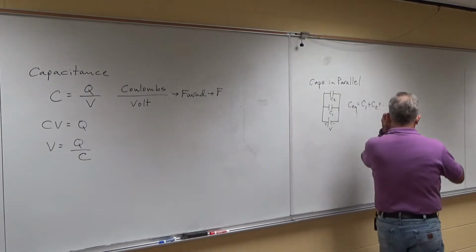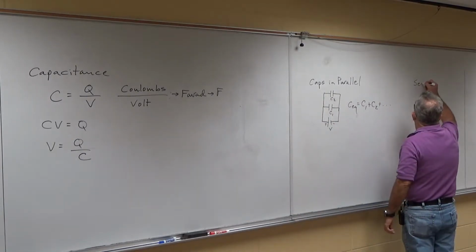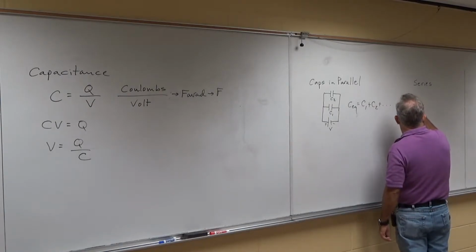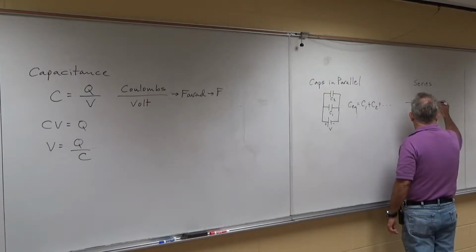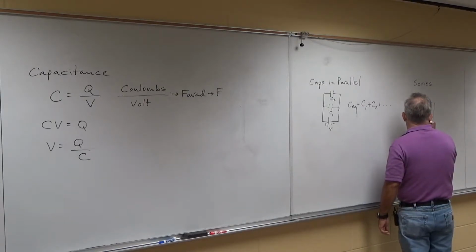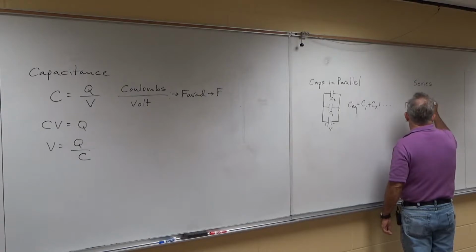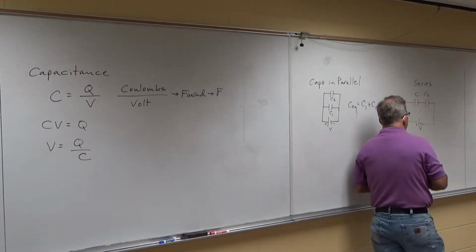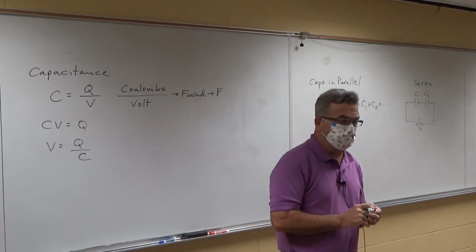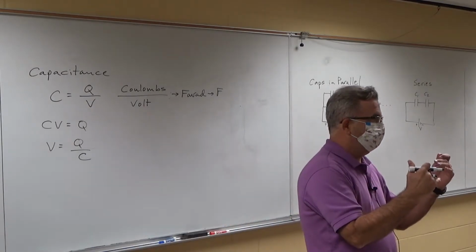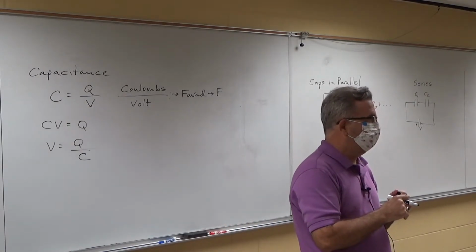Caps in series. The wiring is just like resistors in series. C1, C2, as many as you want to put in series. And the equivalent capacitance in series works like resistors in parallel.